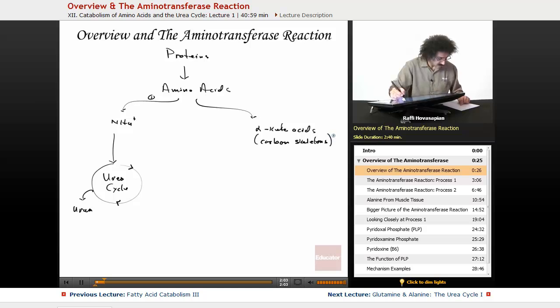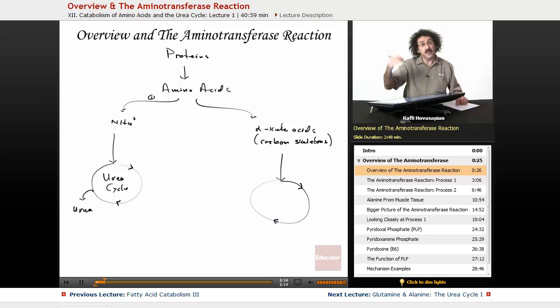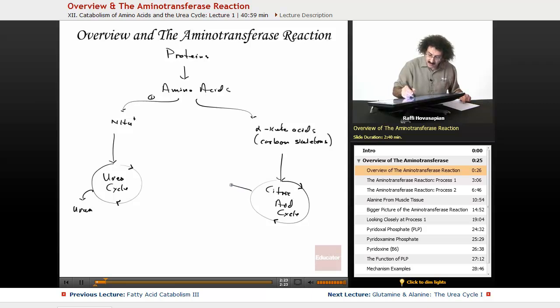At this point, those are going to enter the citric acid cycle, which we have already discussed, and between them there is something called the aspartate argininosuccinate shunt.